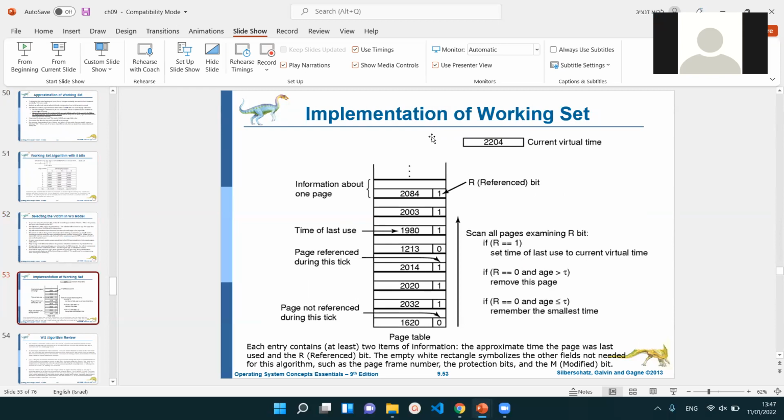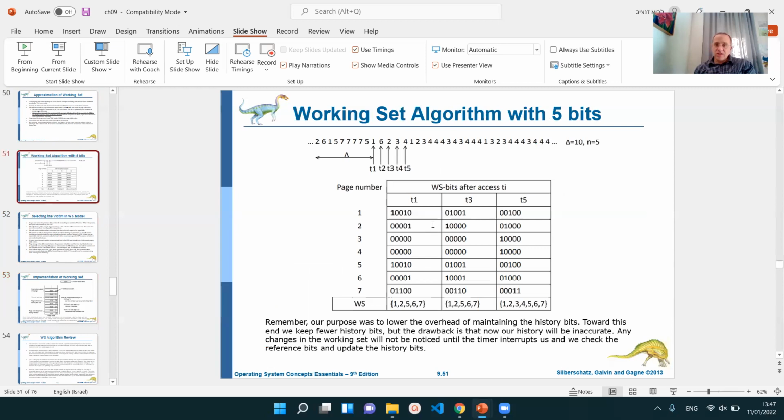Okay, thank you. It's a little bit confusing because here, this is the actual page table. This is not the page table. I mean, it is kind of an extension of the page table, because this is page 1, 2, but it's a lot more bits. And these are these working set bits. It's actually just 5 bits, but these are an extension of the page table.